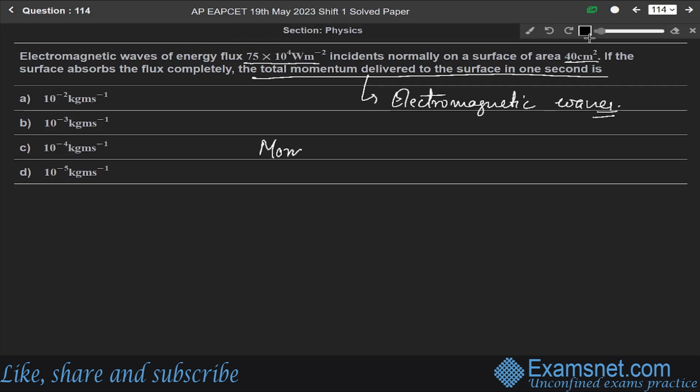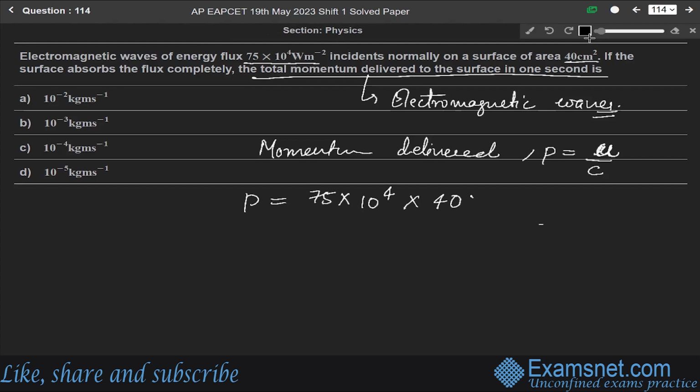So momentum delivered to this surface will be P equals to U over C. So this momentum will be, U is what? 75 into 10 to the power 4 Weber per meter square, into this surface area 40 centimeter square, means 10 to the power minus 4 meter square.